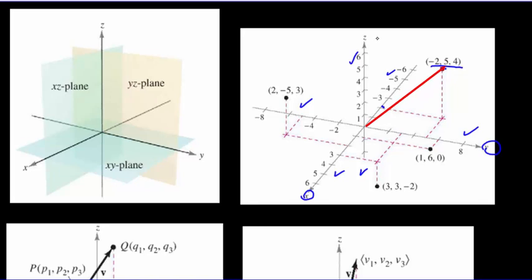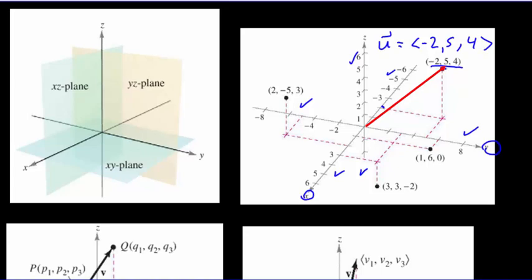I'll name it vector u, which would be -2, 5, 4. So we could talk about a vector in 3 space, right? Not just 2 dimensions, but 3 dimensions. So there we have that vector.